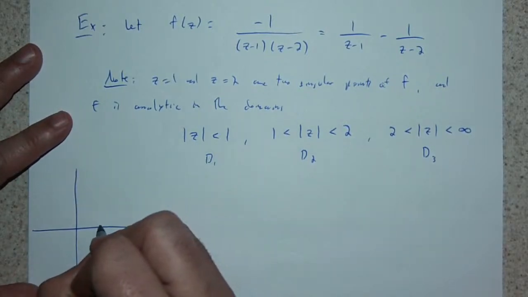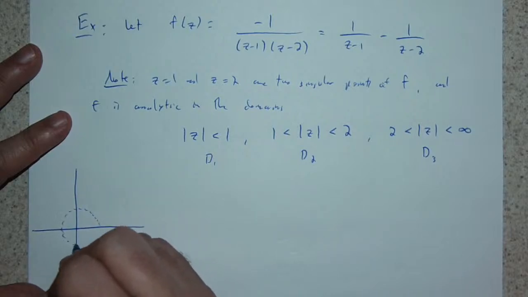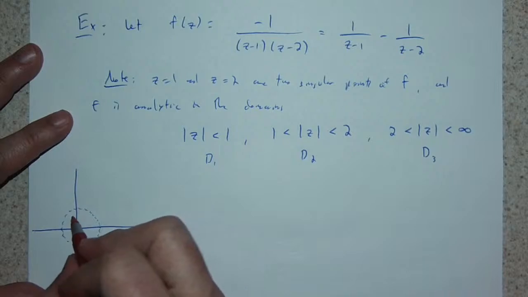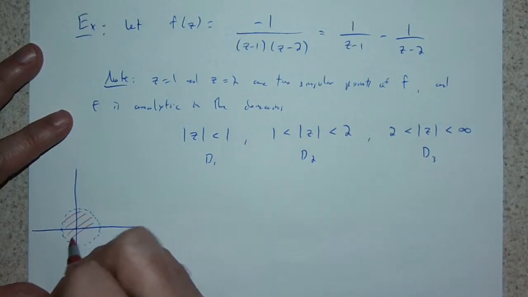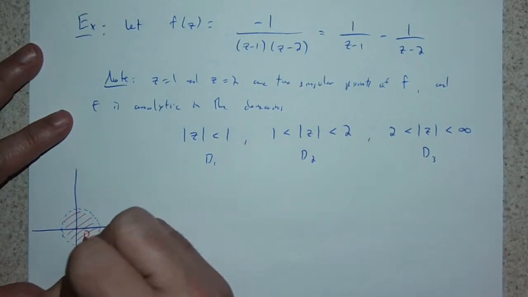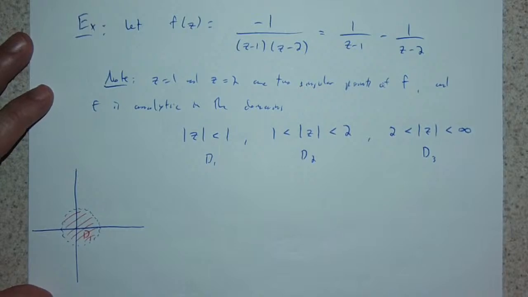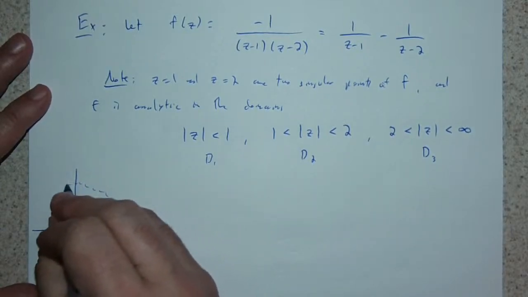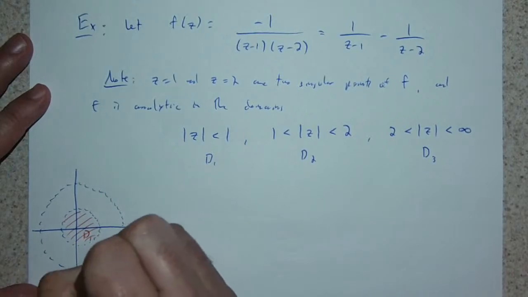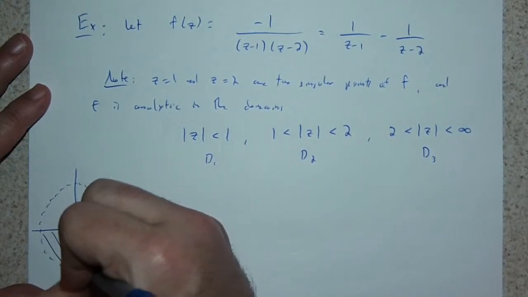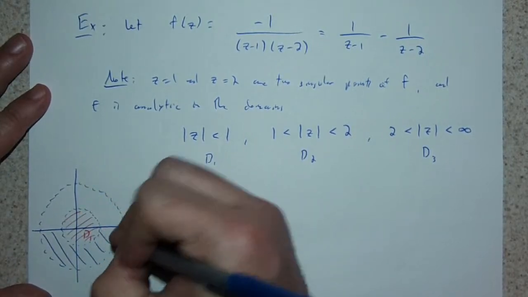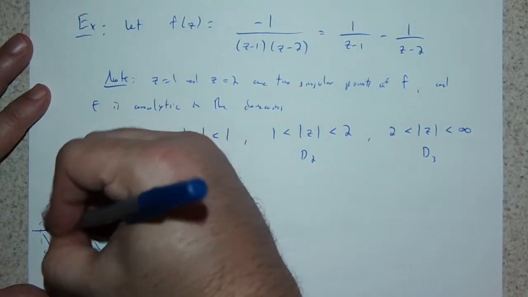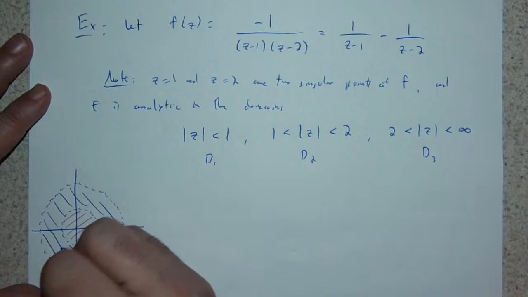So d sub 1, of course, is everything inside this, so maybe I'll use red here. So here's d sub 1. And d sub 2 is everything inside this annulus here. I'll use blue and I'll go the other way. There's d sub 2.